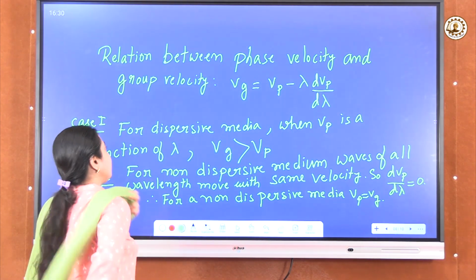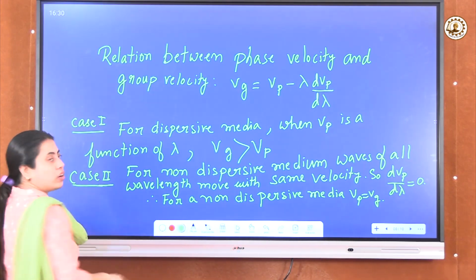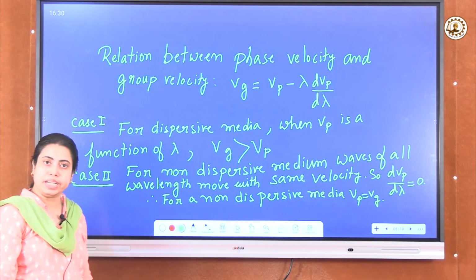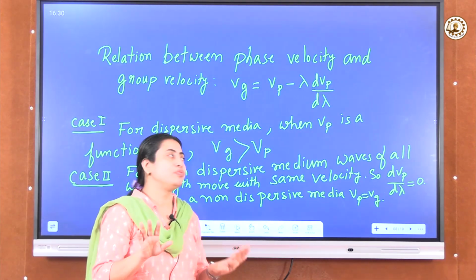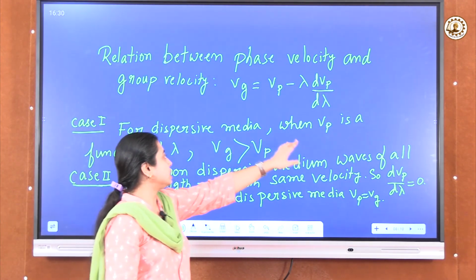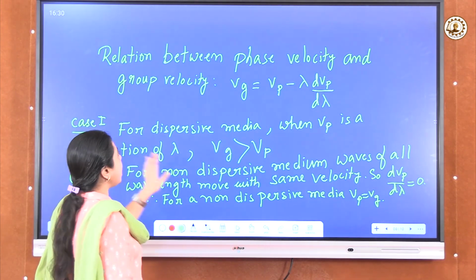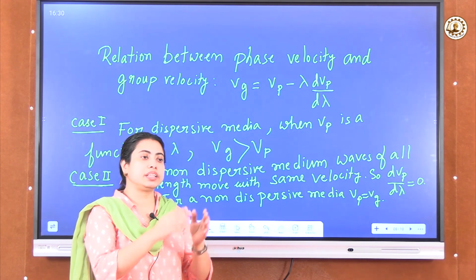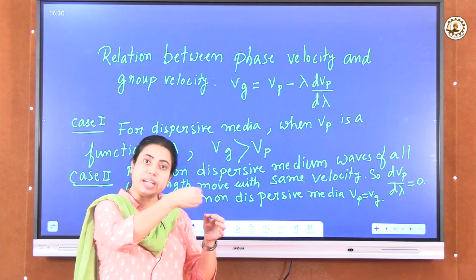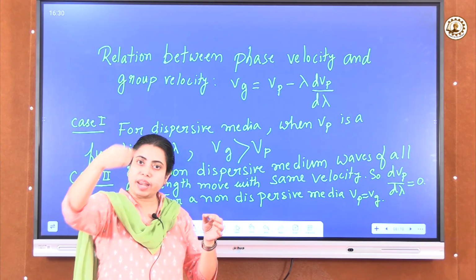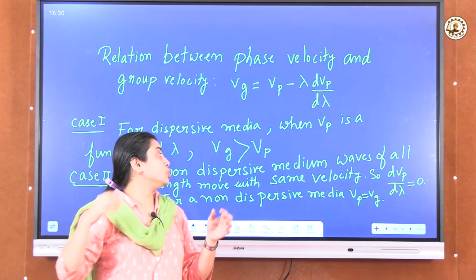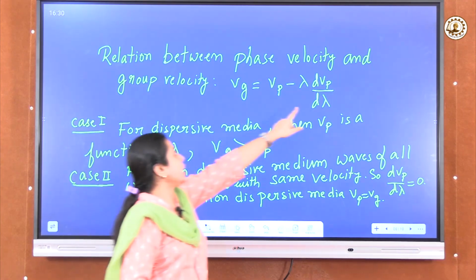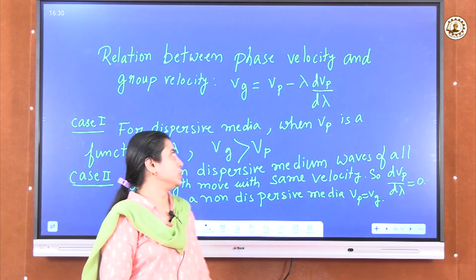Now, if I consider two cases, first the phase velocity is a function of lambda. It means that the velocity depends upon the wavelength of the light. If that is the case, then we cannot make this term equal to 0.